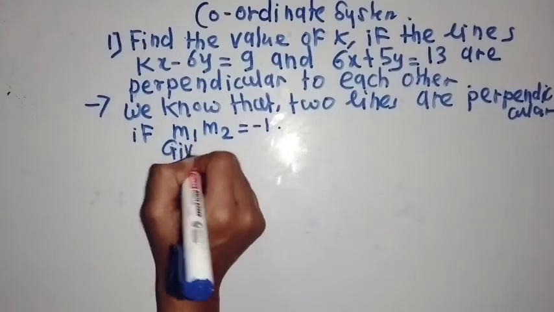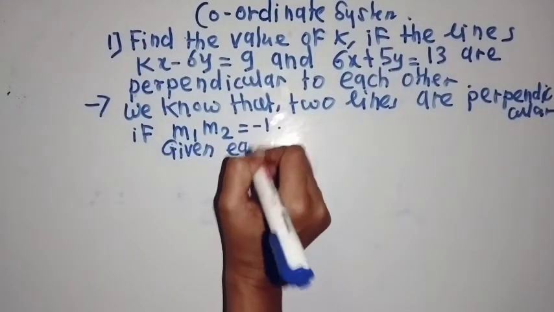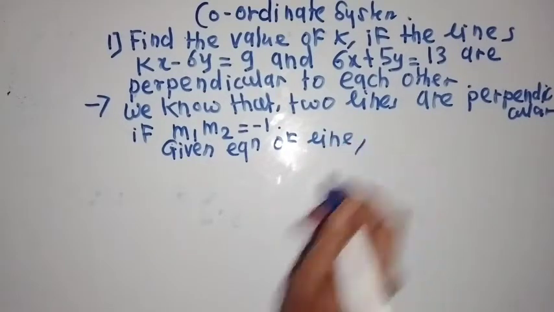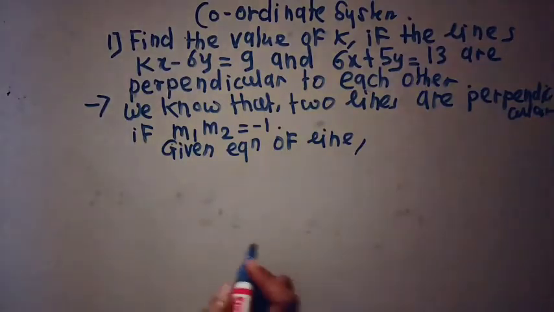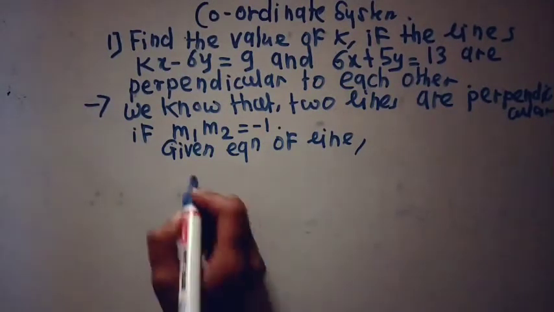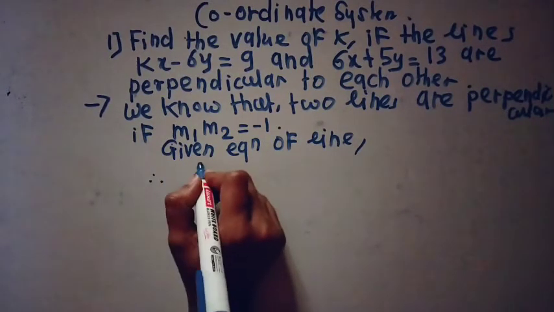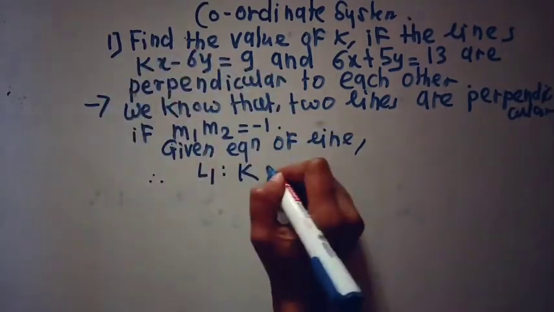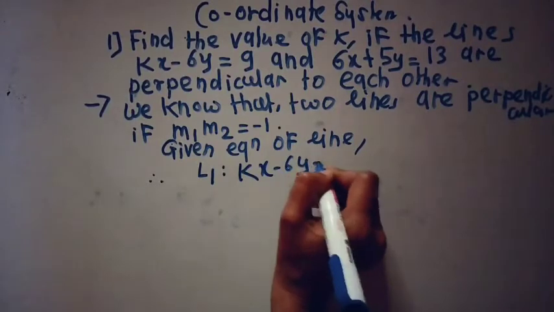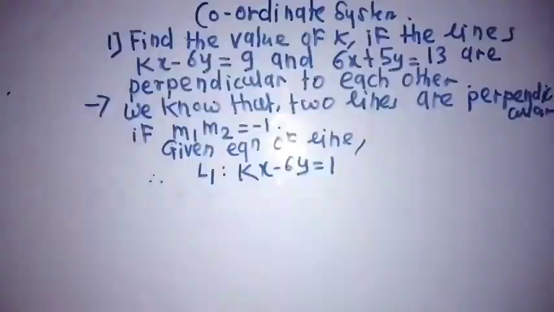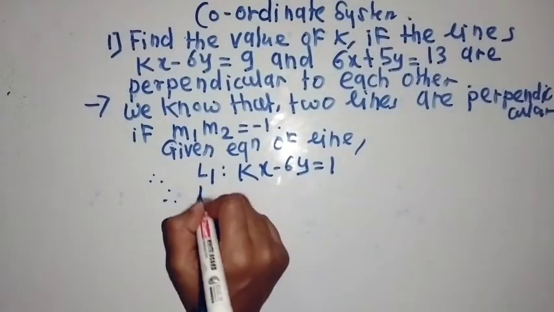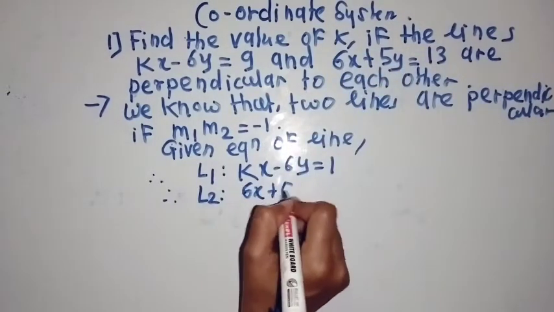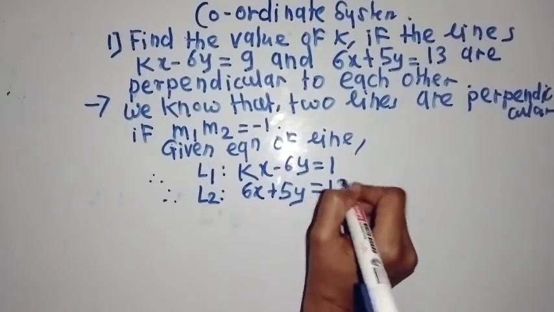But first, the given equations of the lines: L1 is kx minus 6y is equal to 1 and L2 is 6x plus 5y is equal to 13.